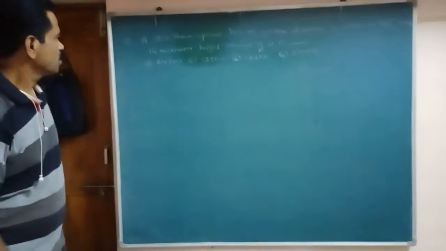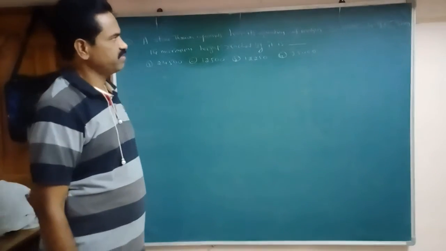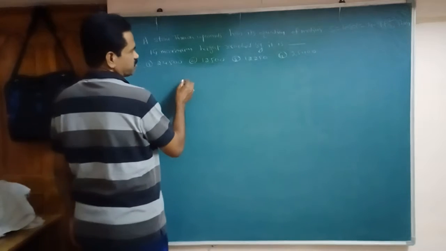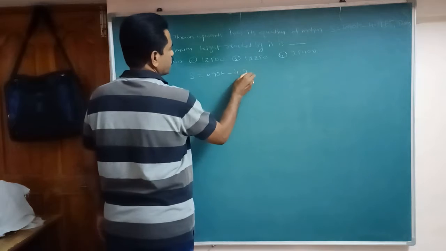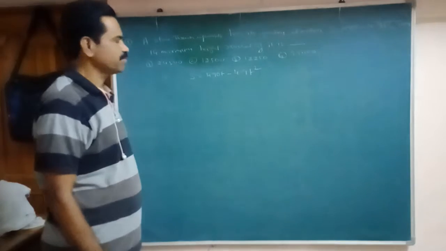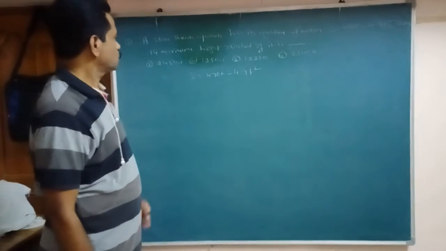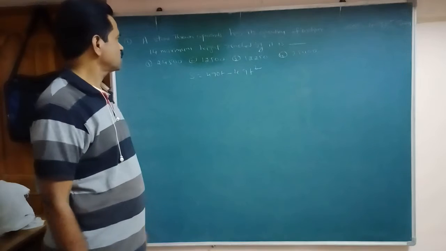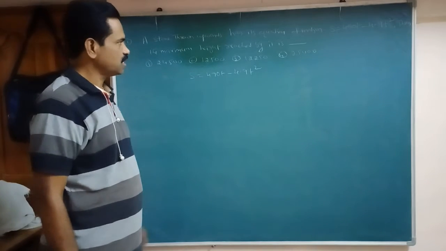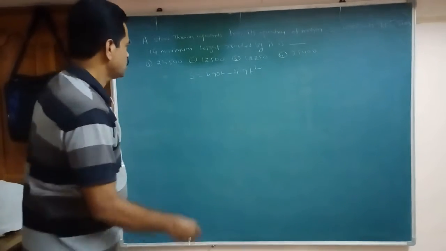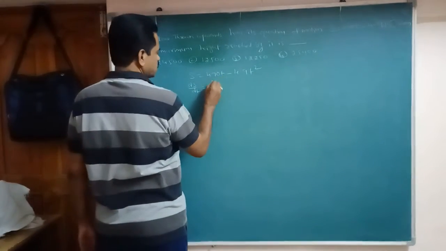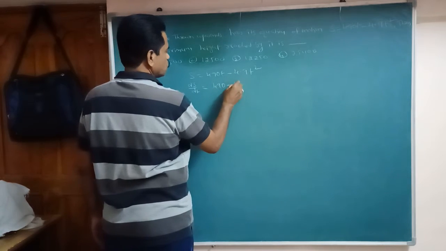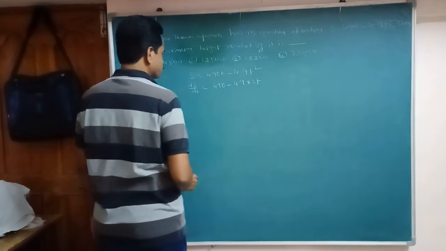See here, a stone thrown upwards, its equation of motion S equal to 490t minus 4.9 into t square. Then the maximum height. So at maximum height the velocity is 0. So here ds by dt, with respect to t differentiation: 490t gives 490, 4.9t square gives 4.9 into 2t.